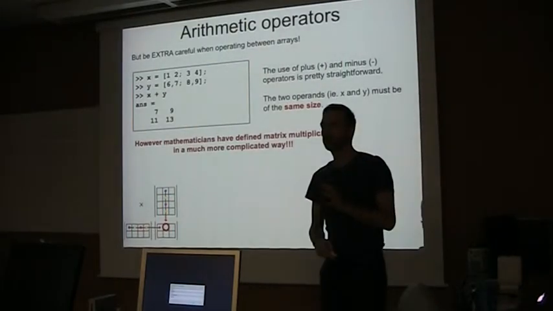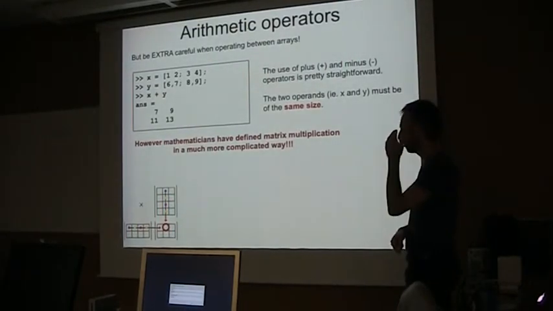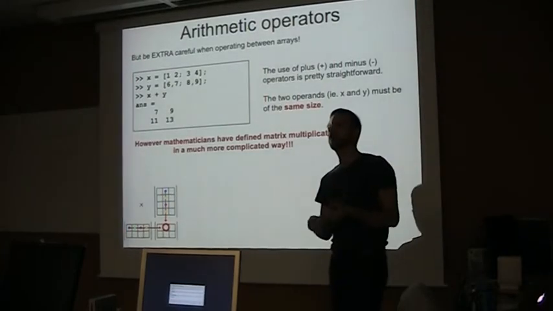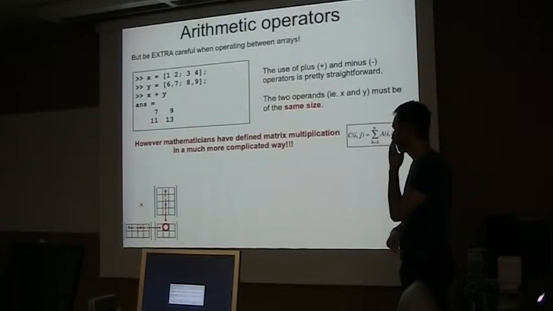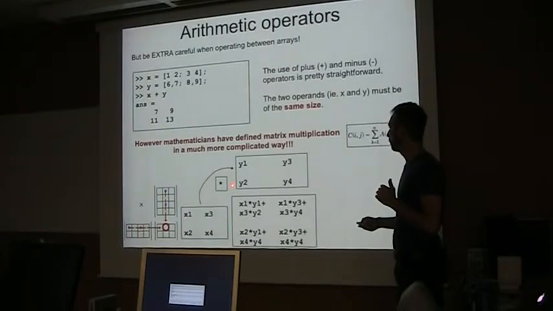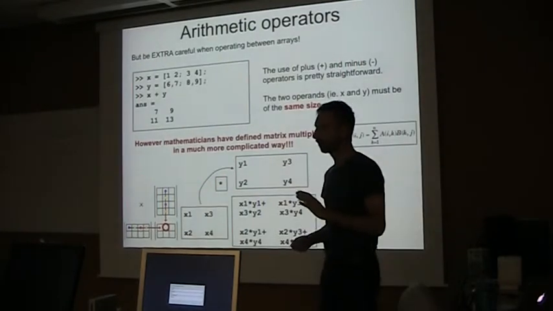However, you need to be careful. This works very well for plus and minus, for adding and subtracting. But when you want to multiply or divide, you need to be careful, because there's something which is called matrix multiplication, which uses the multiplication sign, but works not as you would expect. Okay?